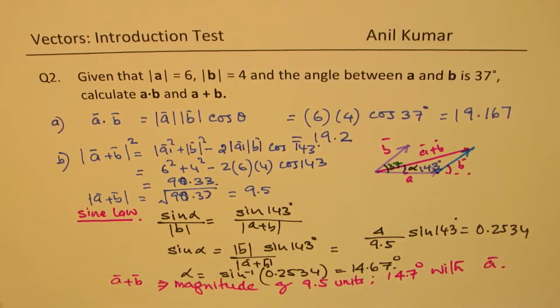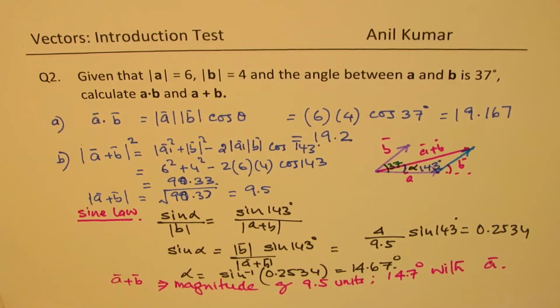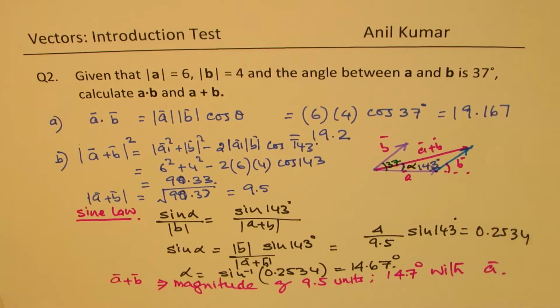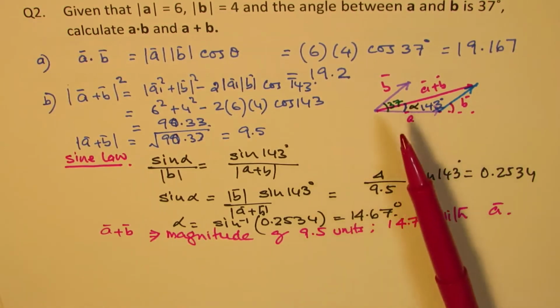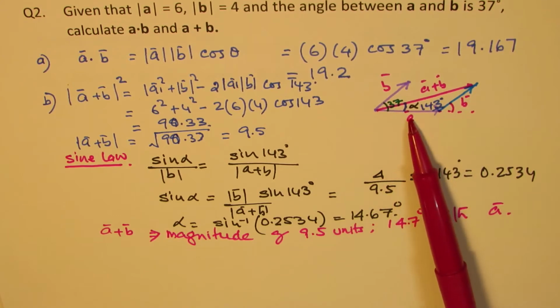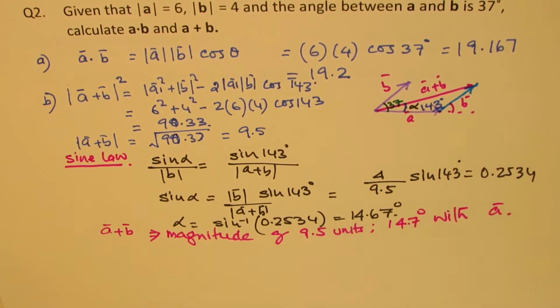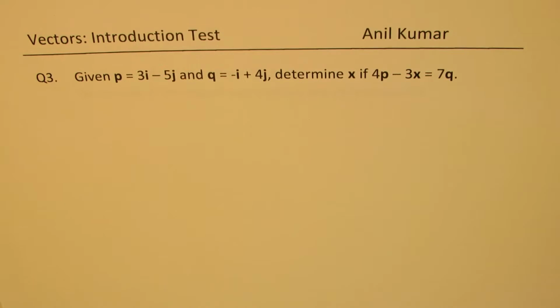So that is how you get the sum of these two vectors. I hope the steps are clear. Very important to understand is that when you want to find the sum, you should calculate both magnitude and direction. Direction can be given with reference to any one of those two vectors. Clear?